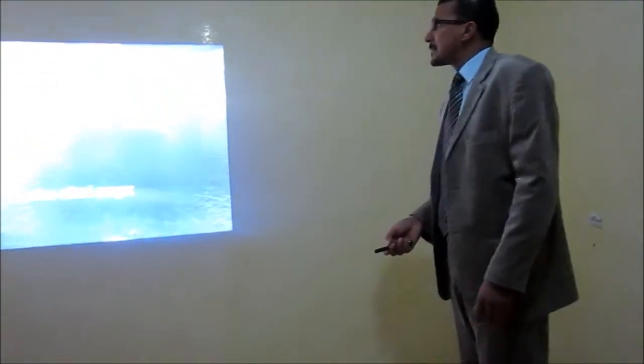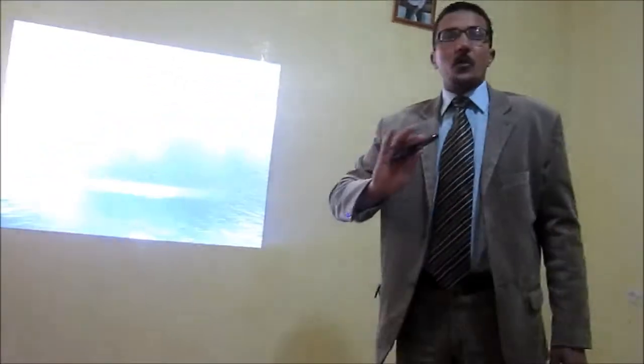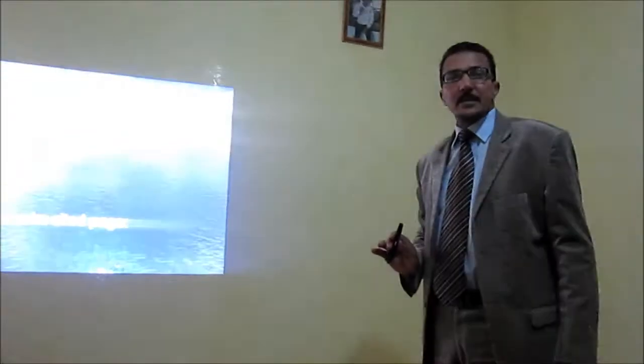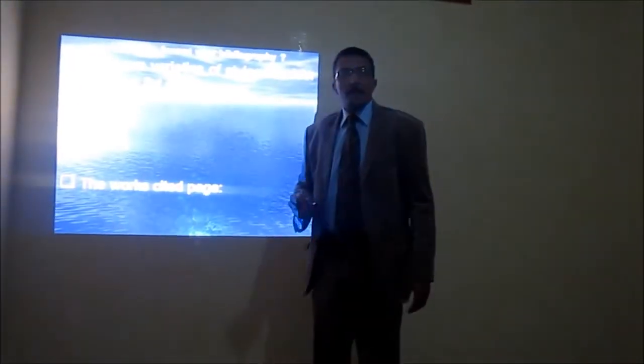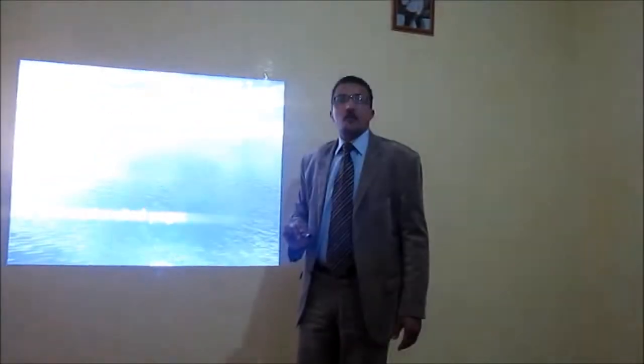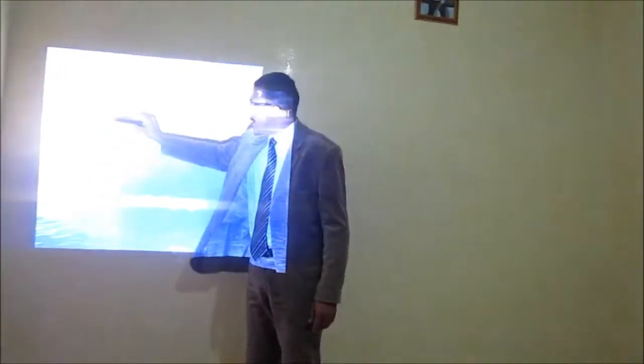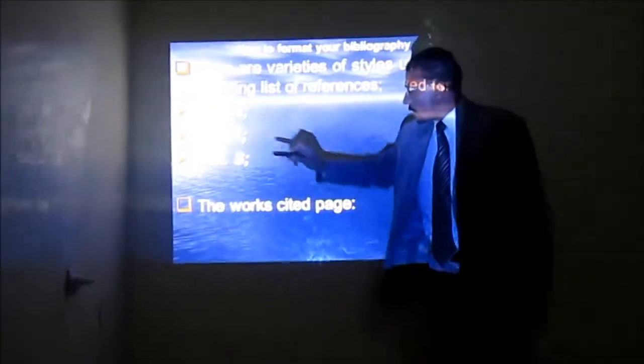So how to format a bibliography? All right. First of all, we have to take into account that we have a variety of styles used for formatting a research paper. So our bibliography must be organized or formatted according to MLA, APA, or Chicago Manual style.